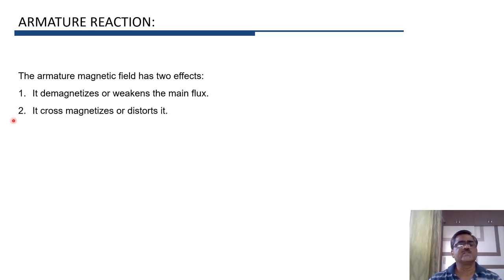So to summarize the armature reaction, there are two effects. One is it demagnetizes or weakens the main flux. The main flux will reduce because of the armature reaction. And second is it cross magnetizes or distorts the main flux. So the main flux gets distorted because of the armature reaction.